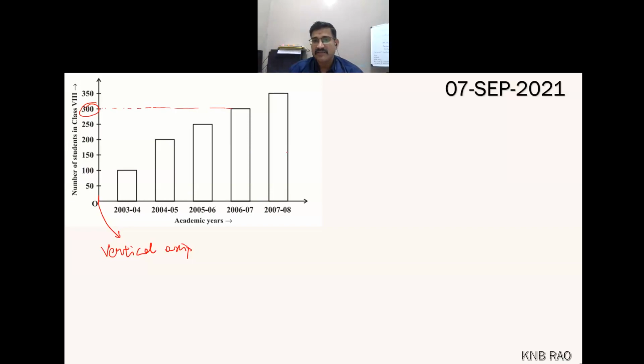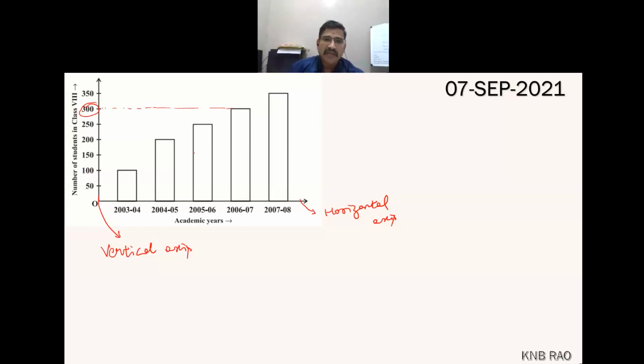The other type is plotted horizontally, where bars are parallel to the horizontal axis. If bars are parallel to the vertical axis, it's called a vertical bar graph. If bars are parallel to the horizontal axis, it is called a horizontal bar graph. So we draw in two ways.